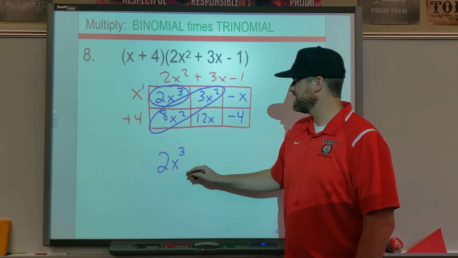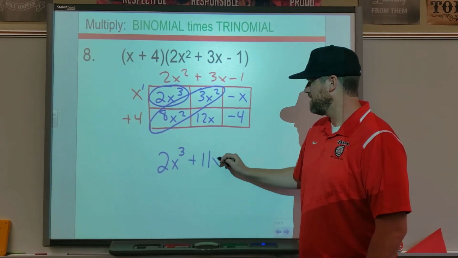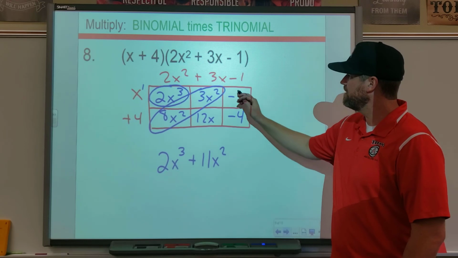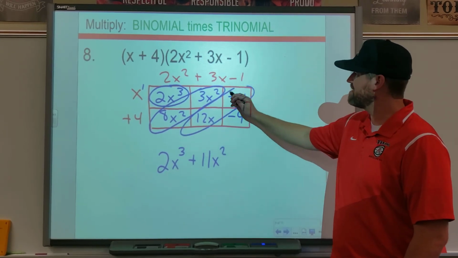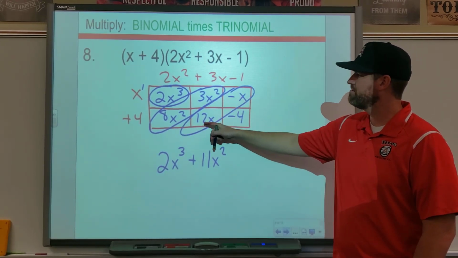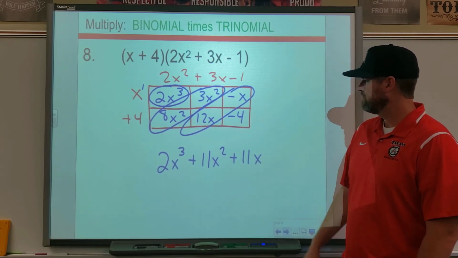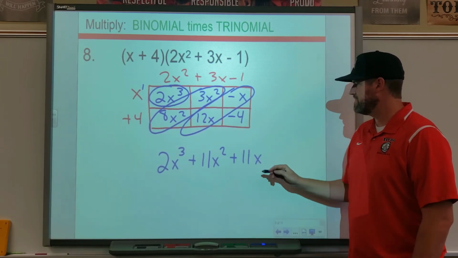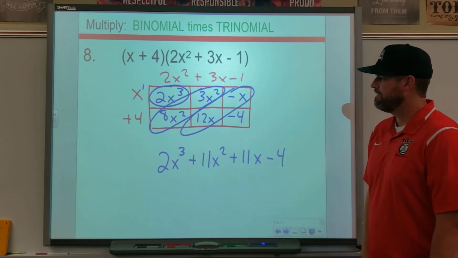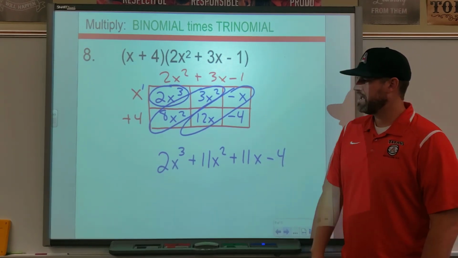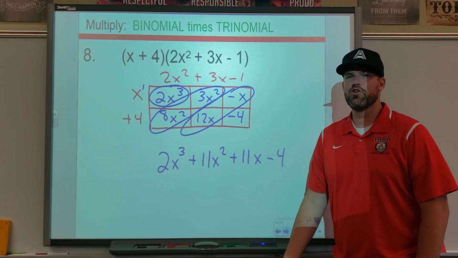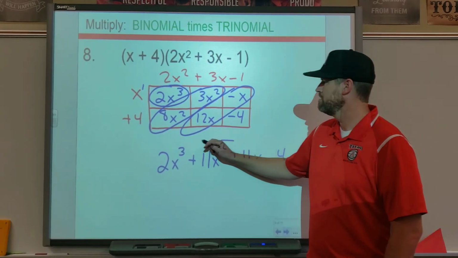When we add those together, we get 11x squared. And then we have 12x and -1x. 12 minus 1 is 11. And then we have our constant at the end, minus 4. So this ends up being a third degree polynomial with 4 terms.